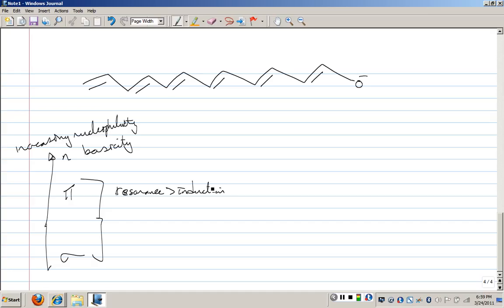But the other big feature of resonance is, as long as I can have my minus charge a single bond away from my pi electron pair, I can get resonance. So I can draw this resonance form. I'll have the minus charge here, but I'll still have a minus charge a single bond away from a multiple bond.